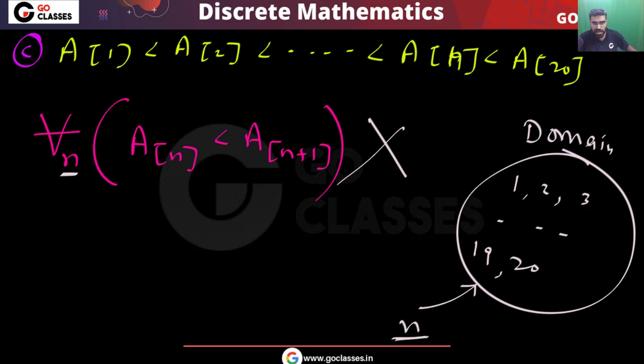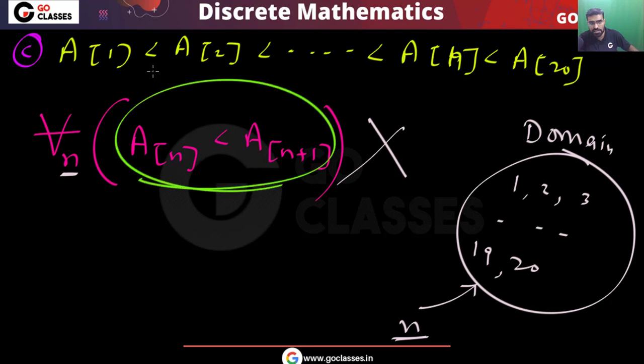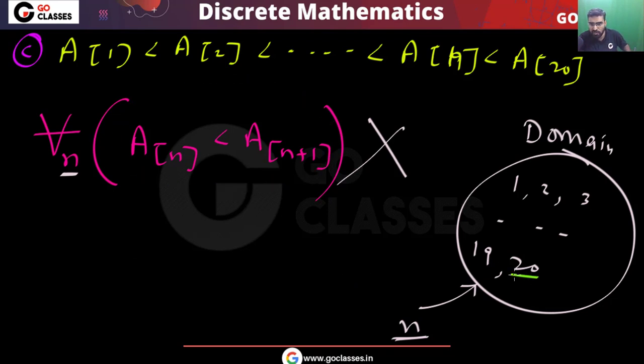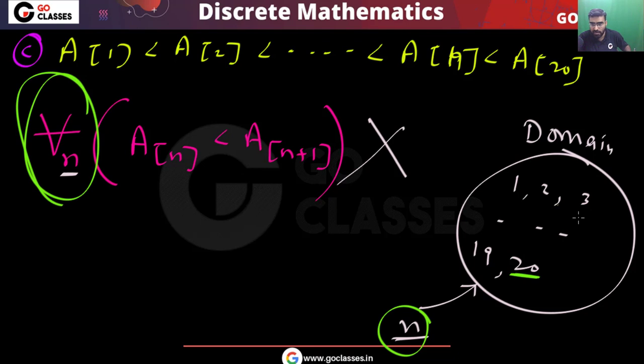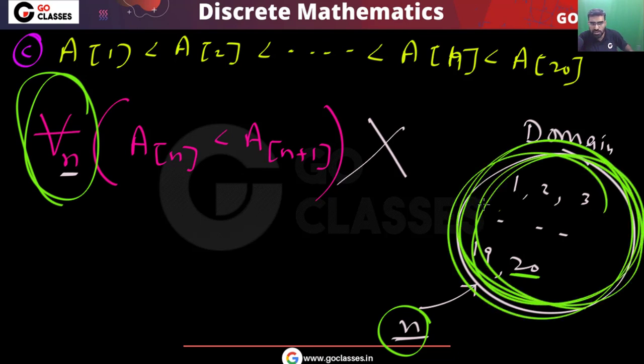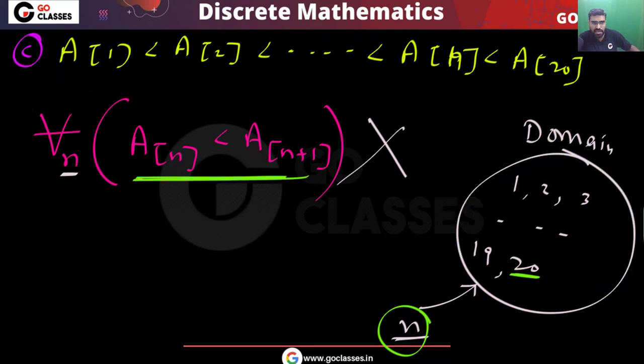Now when you are writing that for all n, an is less than an plus 1, where is the problem here? The problem is when n equals 20, because 20 is in our domain, so n can take the value 20. We are saying for every value in this domain that an is less than an plus 1.